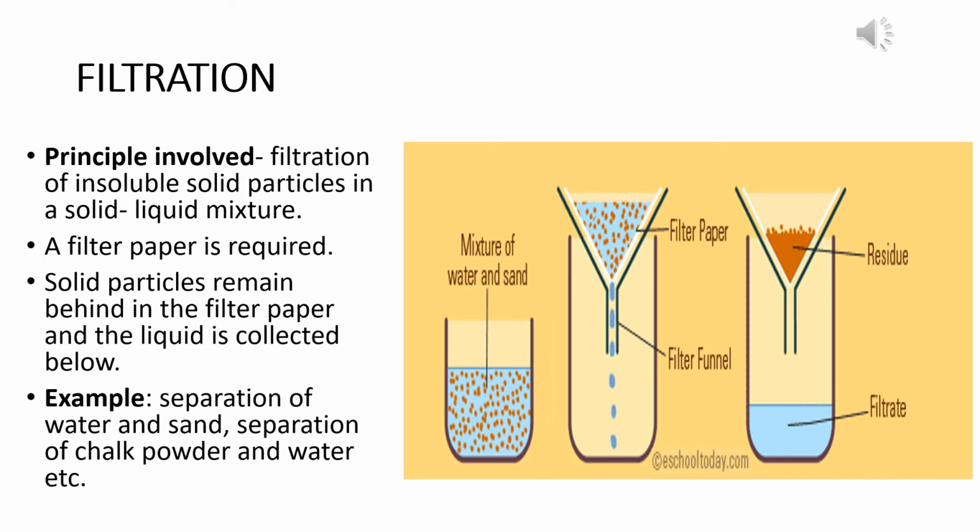Now the sand particles, being insoluble, will be retained in the filter paper as residue, and we will have the pure water collected as filtrate at the bottom of the glass jar. So the separation of water and sand, and the separation of chalk powder and water, follows the same principle and method.